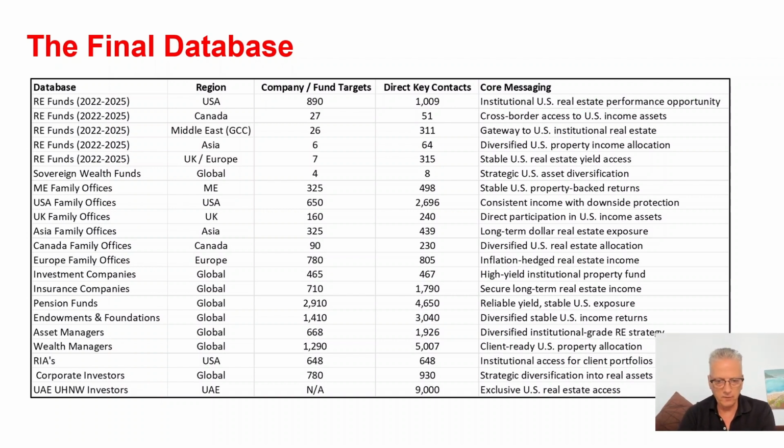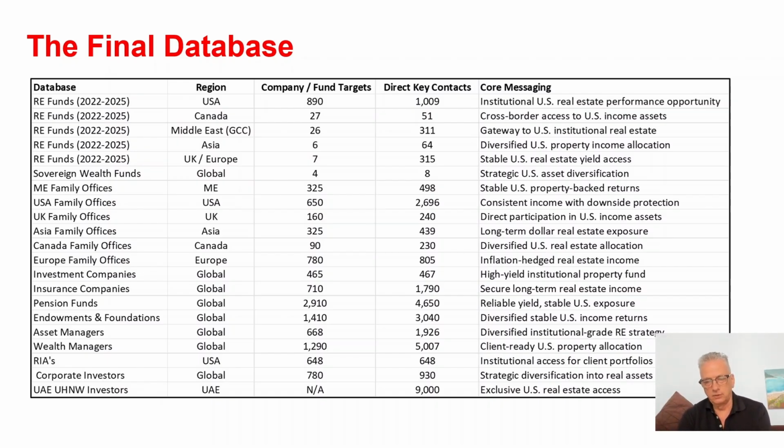This is the perfect filtering and profiling case, and you can see that it includes real estate funds for USA, Canada, Middle East, Asia, UK, and Europe, and also sovereign wealth funds. It includes family offices, mainly from the Middle East, USA, UK, Asia, Canada, and Europe. It includes investment companies, and again, they are groups that invest in real estate as well.